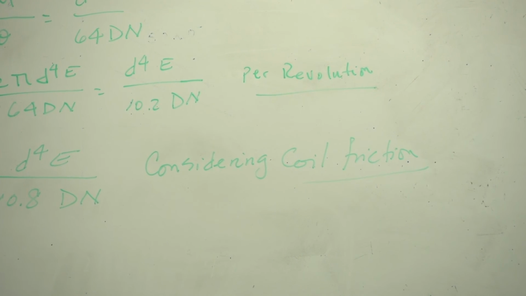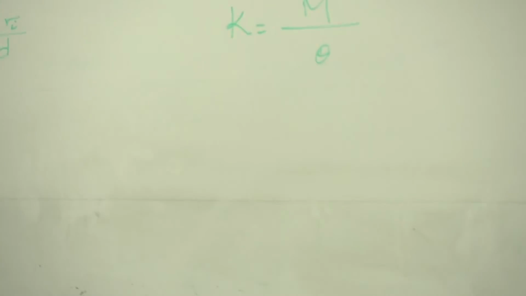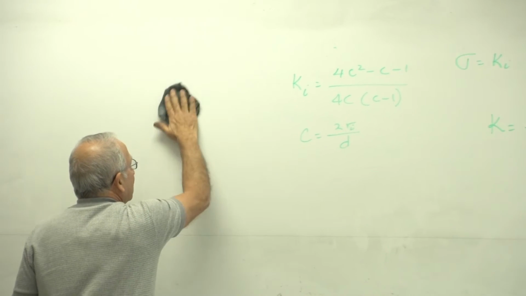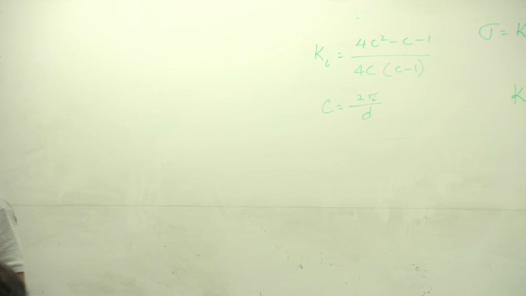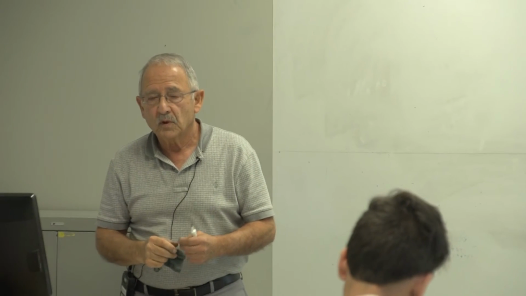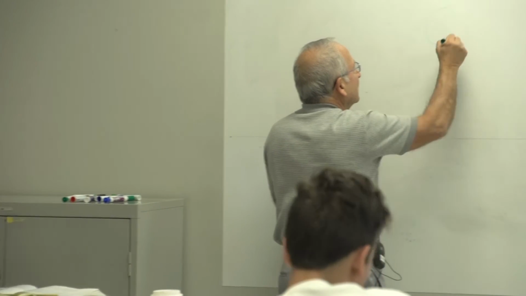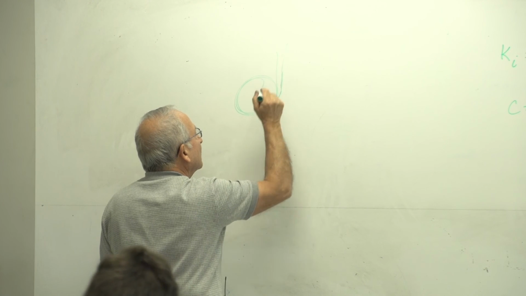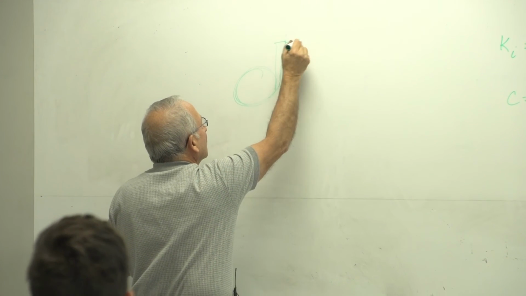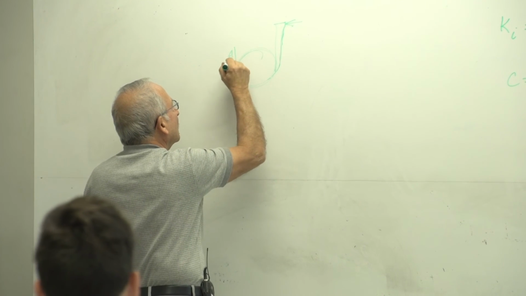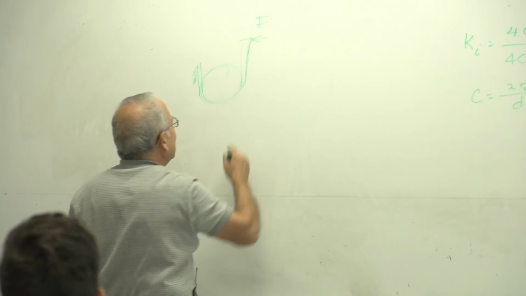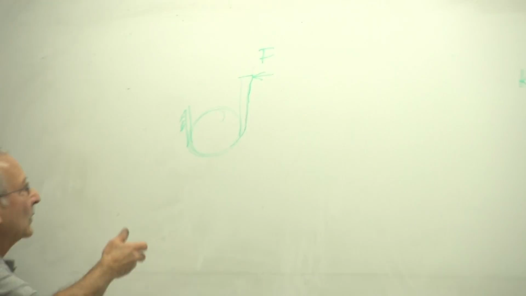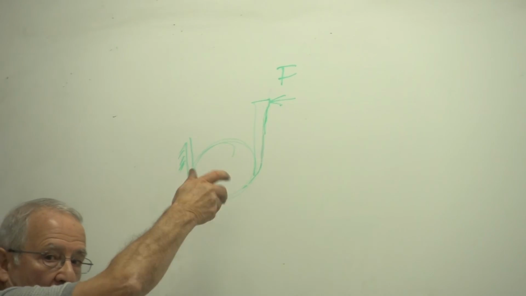One more thing that happens when you have coil springs is that usually a mandrel fits inside the spring to keep it in place. When you apply a load F here, the spring rotates, right?